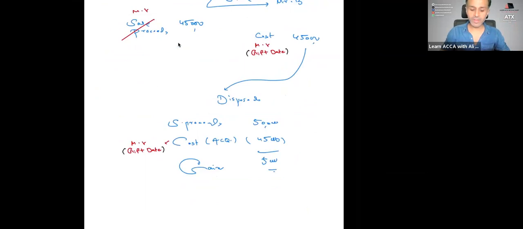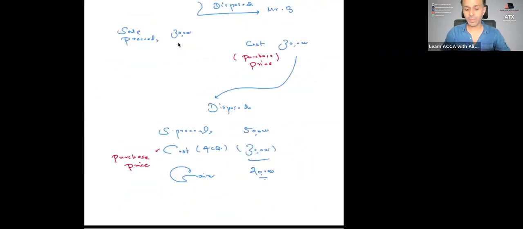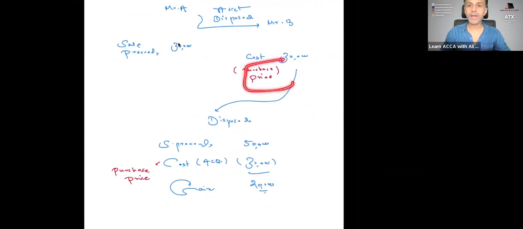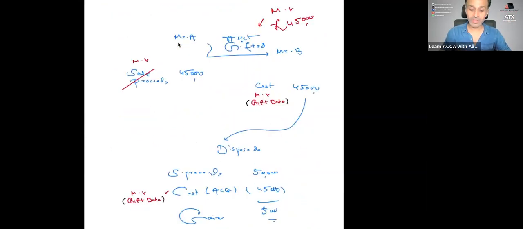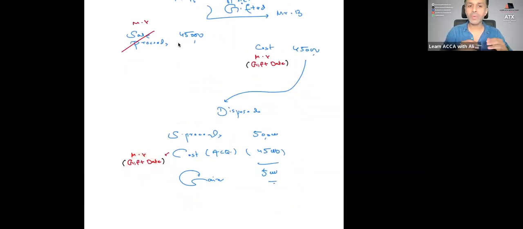So market value is used when the same asset was acquired as a result of gift previously. When it was acquired by purchasing, then purchase price will be the cost of acquisition to be used. But when it was acquired as a result of gift, the market value of the gift will then be used as a cost of acquisition when later this asset will be sold, for the purpose of computing the gains.